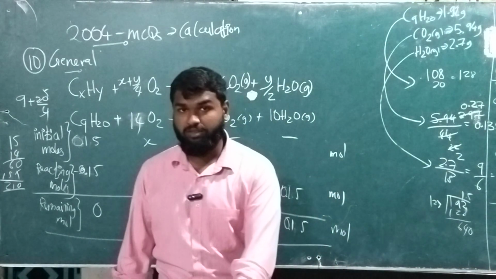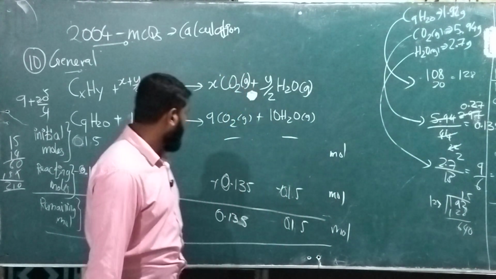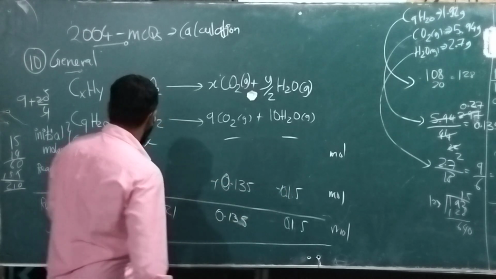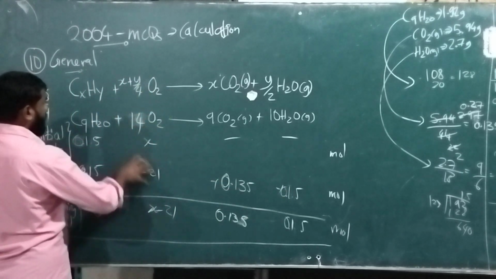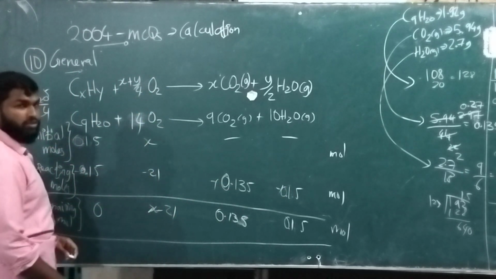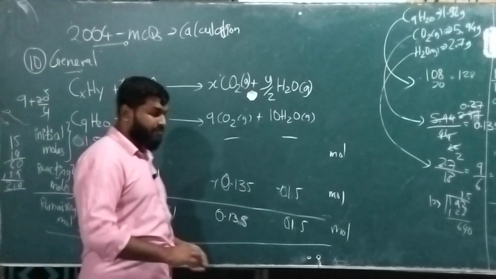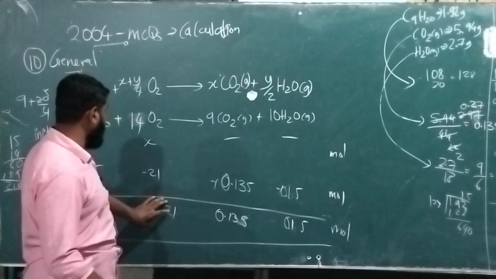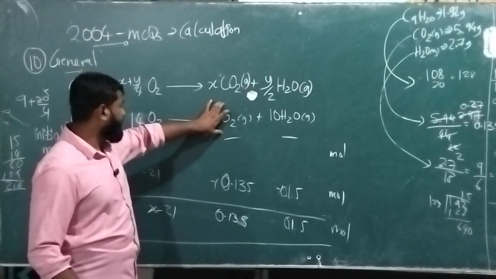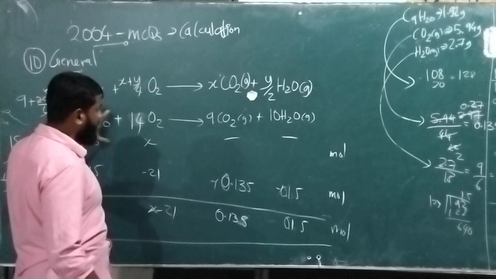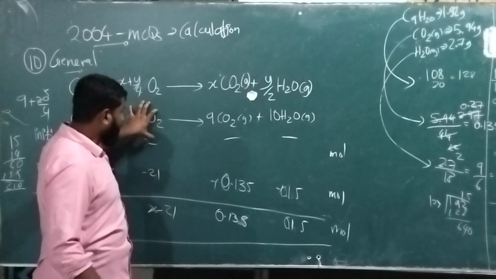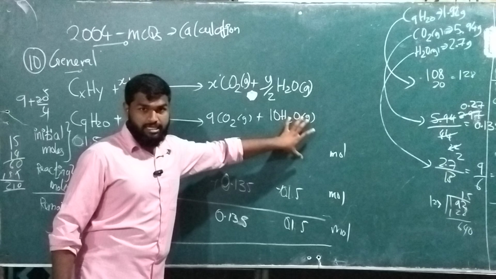just carbon dioxide and water vapor only. If only carbon dioxide and water vapor is there, you have to think that the oxygen is actually completely used at the same time, right? If there was any remaining, they would have said that after the complete combustion of this hydrocarbon, you will get this amount of oxygen, this amount of carbon dioxide, this amount of water vapor.